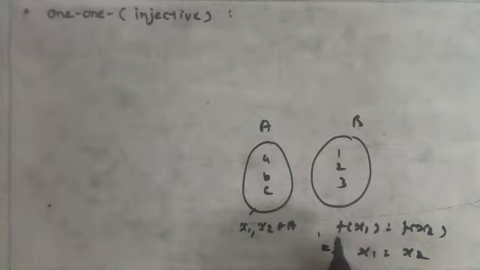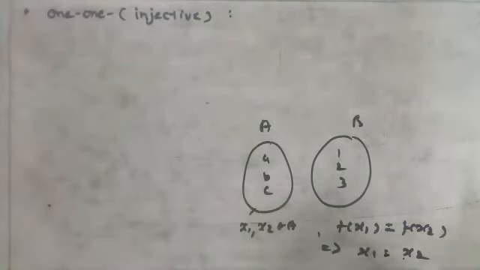That means if the images of x1 and x2 under f are equal, then both members x1 and x2 of A are also equal, then we say that the given function is a one-one function.